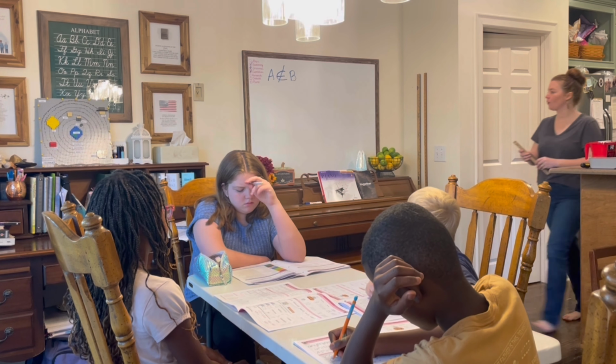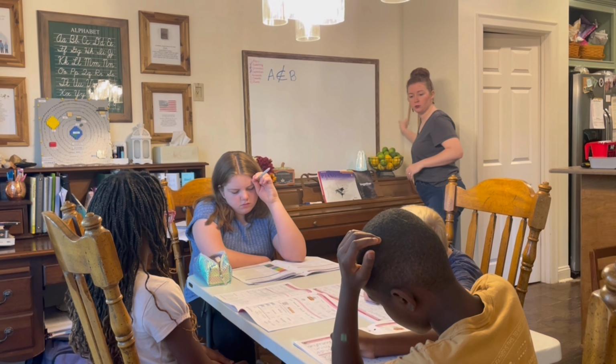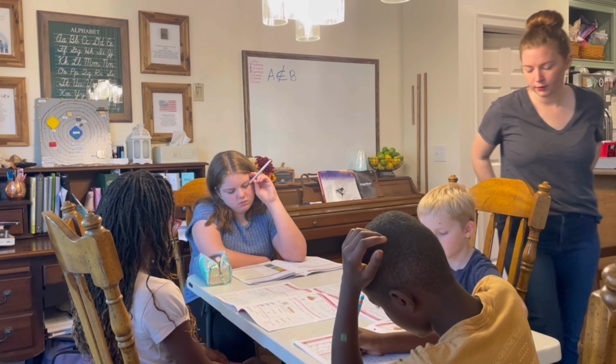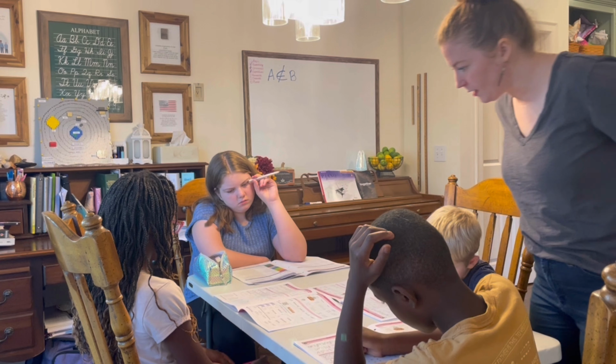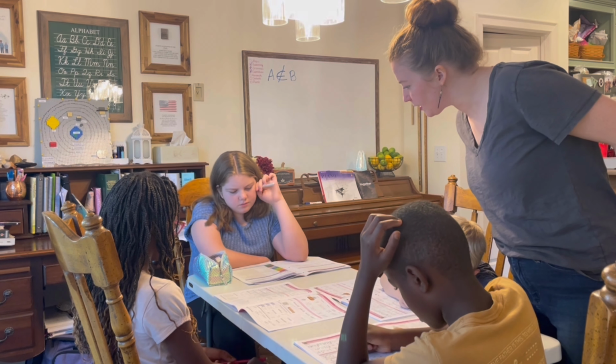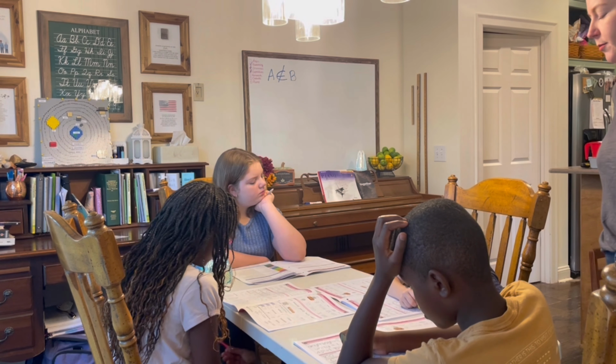Very good. And do we have tally marks today? Yes. It says trace, and then count from 6 to write the missing tally marks all the way up to 11.